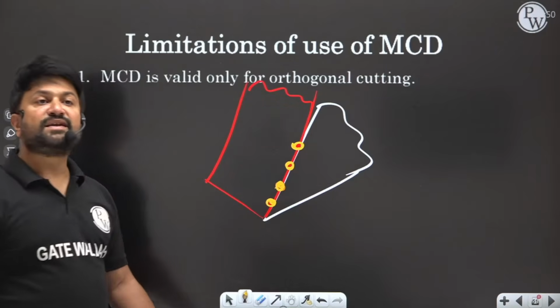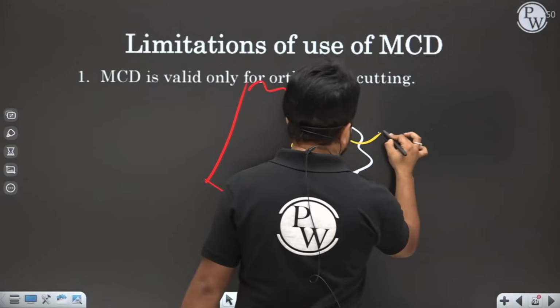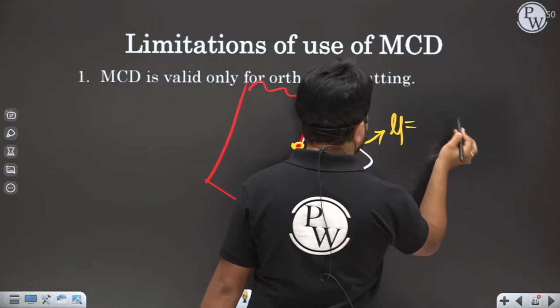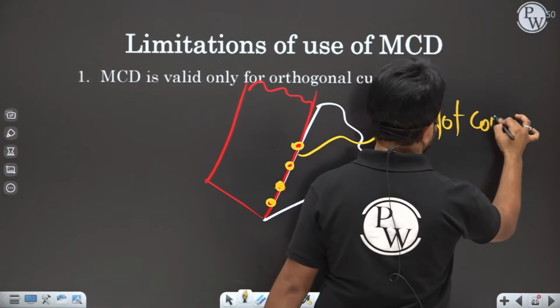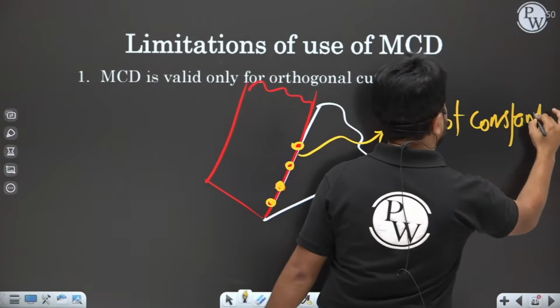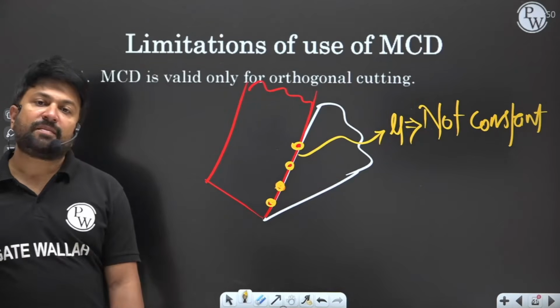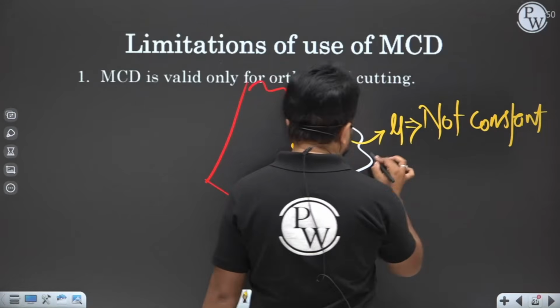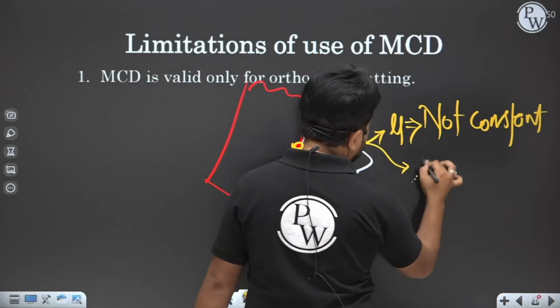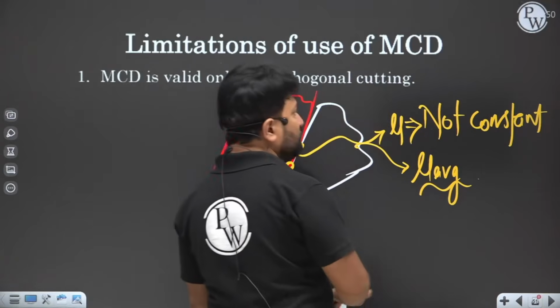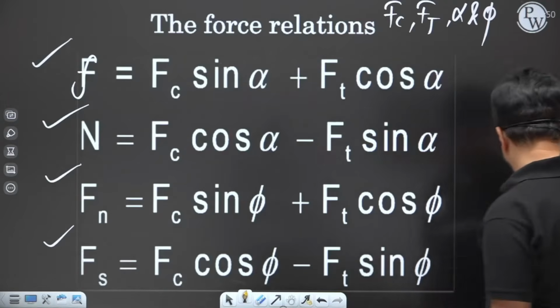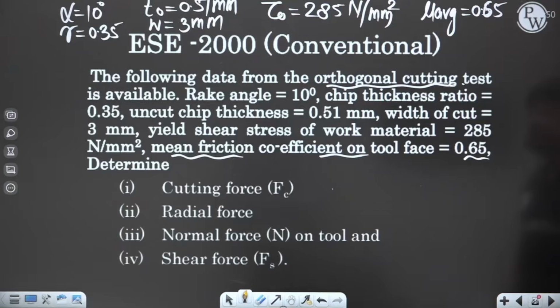So mu is not constant. The coefficient of friction is not constant. It is changing, it is not uniform. Friction and normal force are not constant. So instead of mu, we are going to take mu average, that is, the mean coefficient of friction.